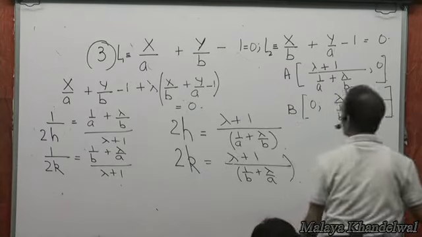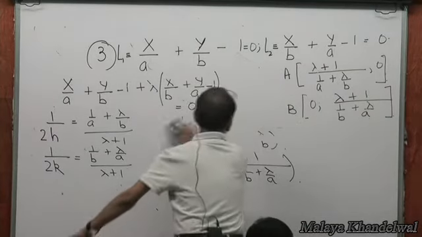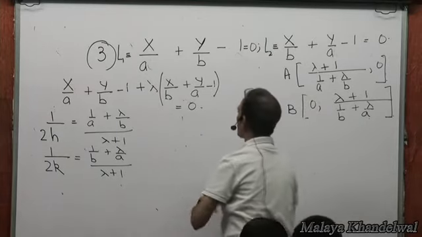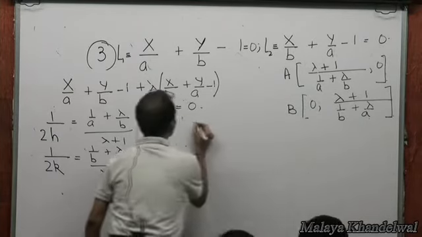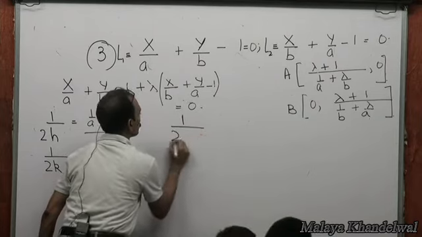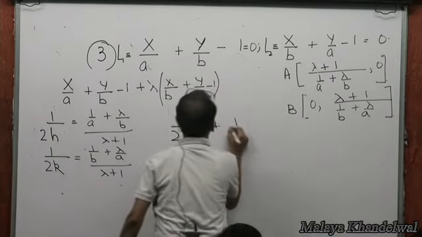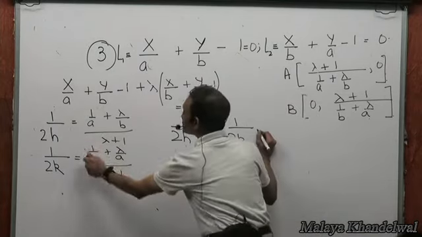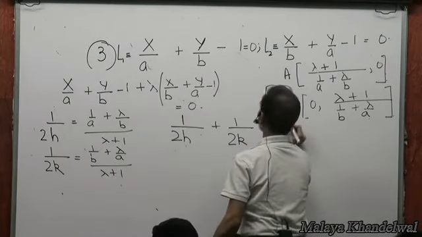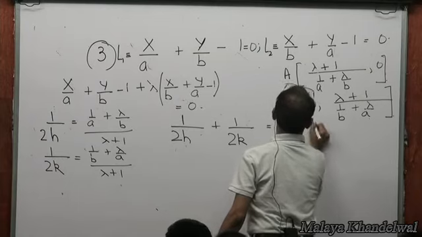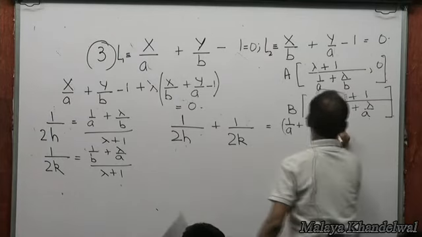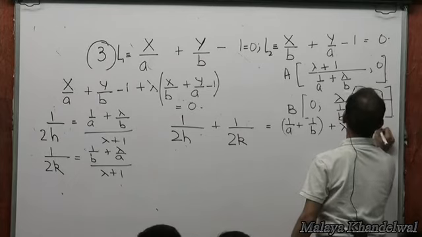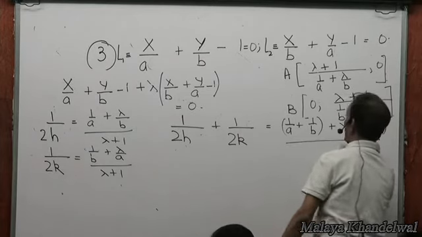With this only thought, let me add these two equations and see if nature obliges. 1 by 2H plus 1 by 2K is going to be, if I add these two and these two, 1 by A plus 1 by B plus lambda into 1 by A plus 1 by B, divided by lambda plus 1.